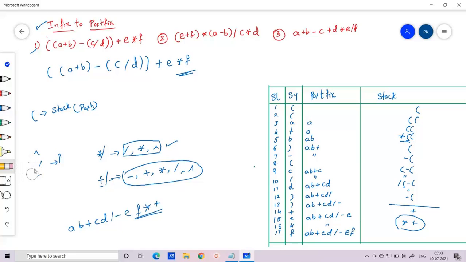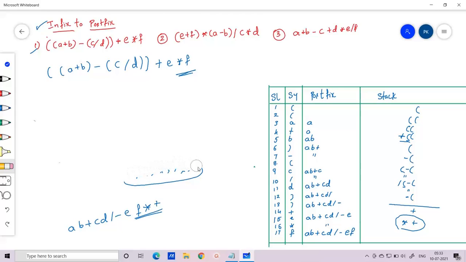If you find an operand, you should push it into the postfix expression. If you find an operator, you need to check the stack first to see if there is any other operator with the same or higher precedence.